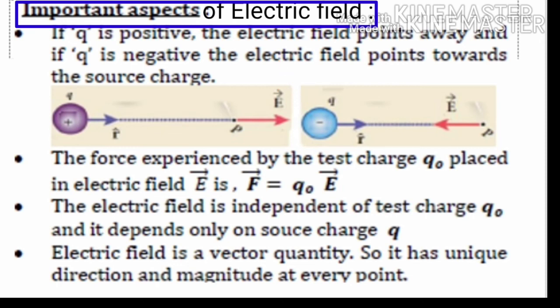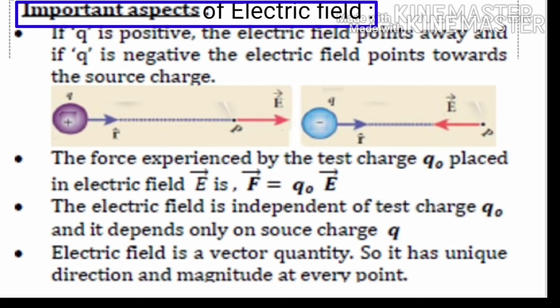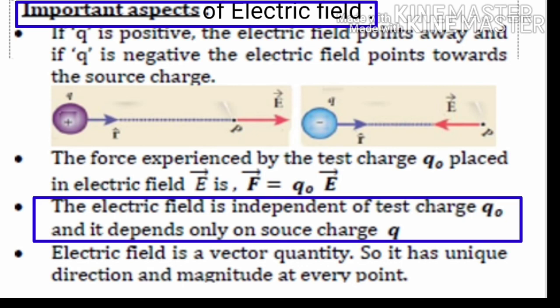If the source charge is negative, in that case, the electric field around the charge is inward. Next, if another test charge Q naught is brought near to the source charge Q, the force experienced by the test charge Q naught can be written as F vector is equal to Q naught into E vector.